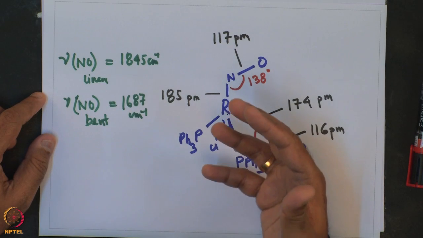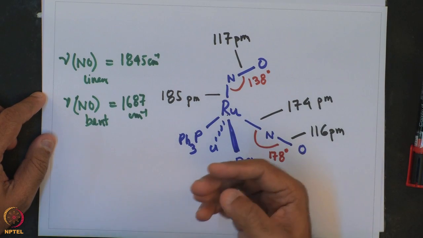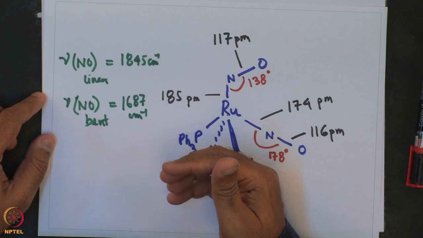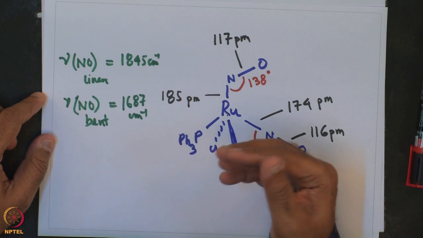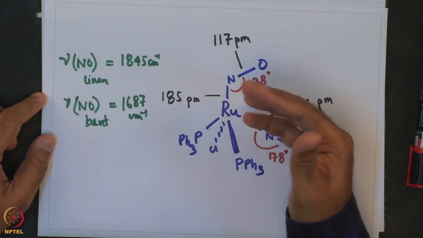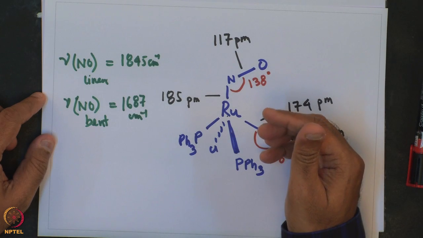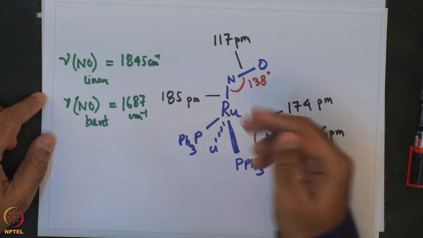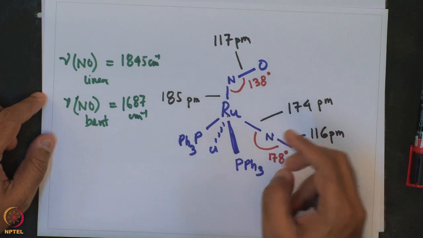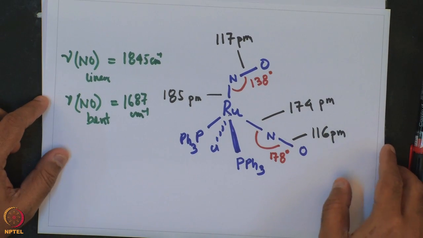So, what we see over here is a nice demonstration of IR as well as X-ray corroborating each other and indicating the type of interactions these metal nitrosyl compounds are showing.